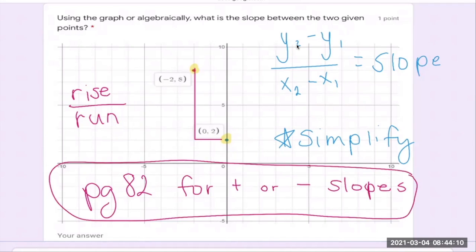So that's just to help you figure out which direction your slope is going to go. When you put in your answer, you just have to put in the slope. You don't have to put in an equation, nothing else. That's it, just the slope.